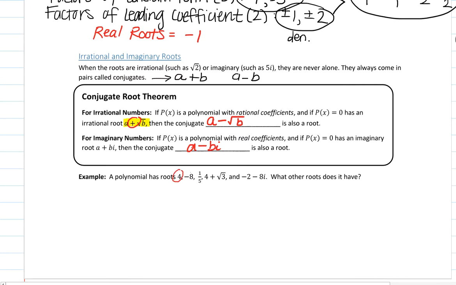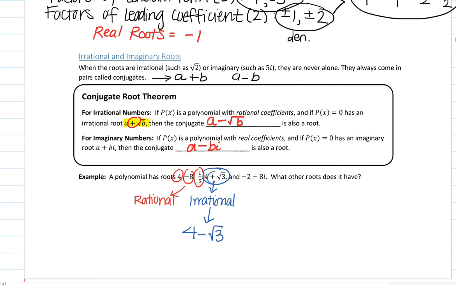So 4, -8, and 1/5 are going to stand alone. They don't come in pairs because they are rational. Rational ones just don't have to come in a pair like the other ones do. But this 4 plus the square root of 3 is irrational, and so we must include its conjugate pair, which is 4 minus the square root of 3.